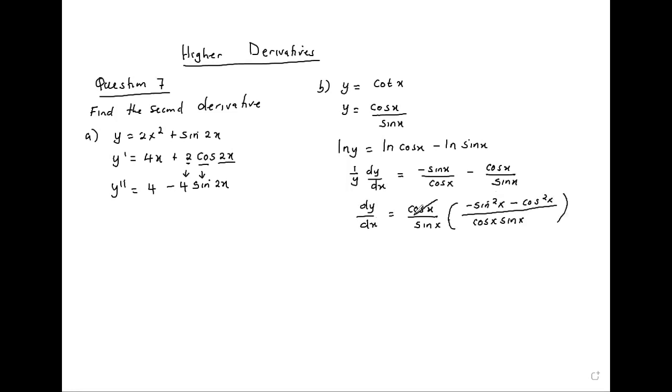So that this cos and this cos can go, and then we'll remain with negative sine squared x minus cos squared x over sine squared x. So that we get negative 1 minus cot squared x as the derivative of cot.